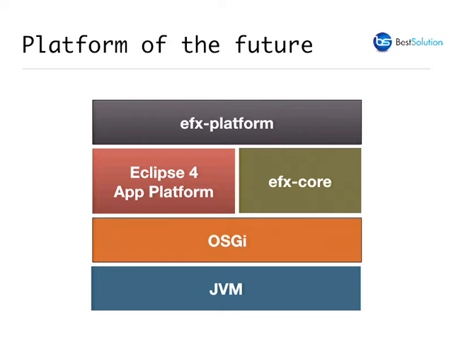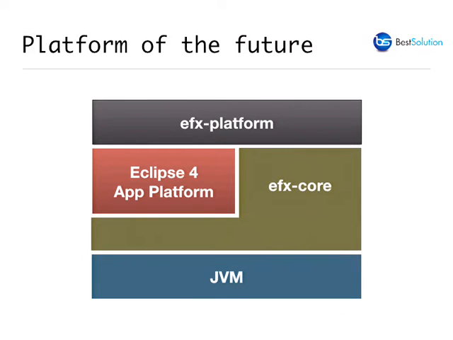In future, we will make that look like this. The efxclipse core layer is replacing, or sits in between, the Eclipse 4 application framework and the JVM. Whether you mix OSGi in there or Java 9 modules or no modules and you go with Maven, I'm fine with that. The framework doesn't care about that.